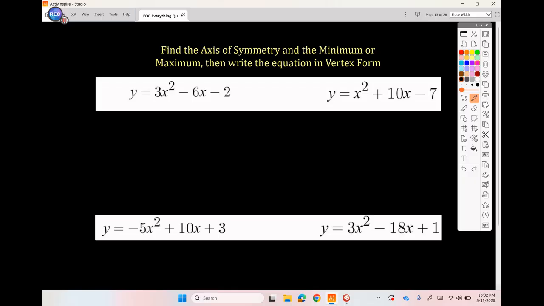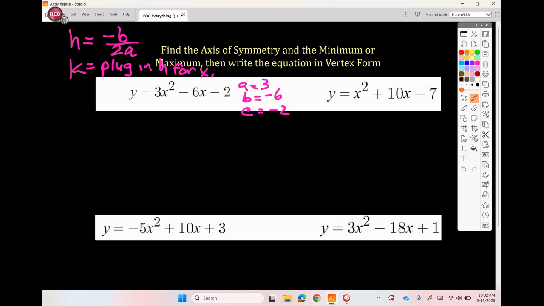You just have to remember two things: how to find h and how to find k. To find h, it's negative b over 2 times a. To find k, you plug in h for x. So in this case, my a is 3, b is negative 6, c is negative 2.